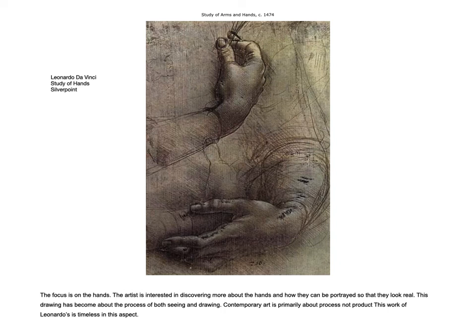The artist is interested in discovering more about the hands and how they can be portrayed so that they look real. This drawing has become about the process of both seeing and drawing. And this is something that we see in contemporary art, because contemporary art is primarily about process and not product. And in this way, the work of Leonardo is timeless.